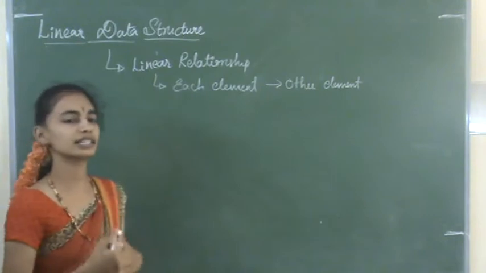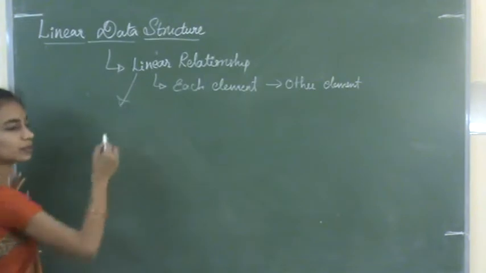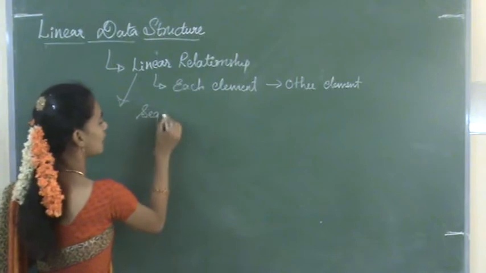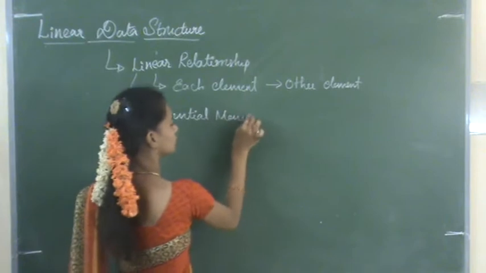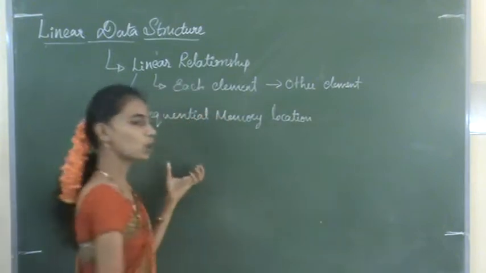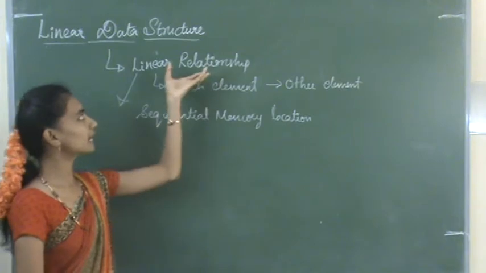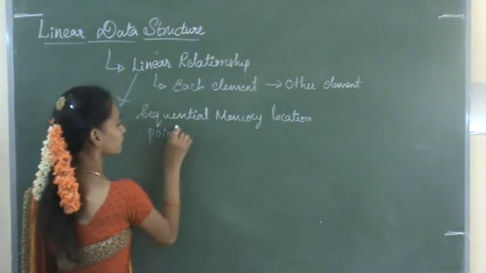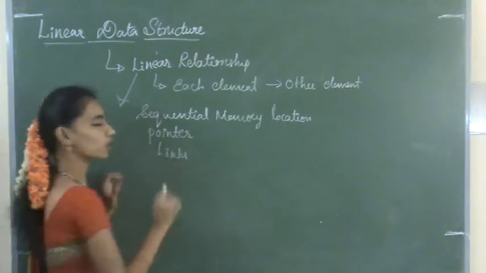How can this linear relationship be obtained? It can be obtained by arranging or storing the elements in a sequential manner. If we store the elements in sequential memory locations, one after the other, we obtain this linear relationship, or we can use pointers to store the elements, or we can use links to store the elements.